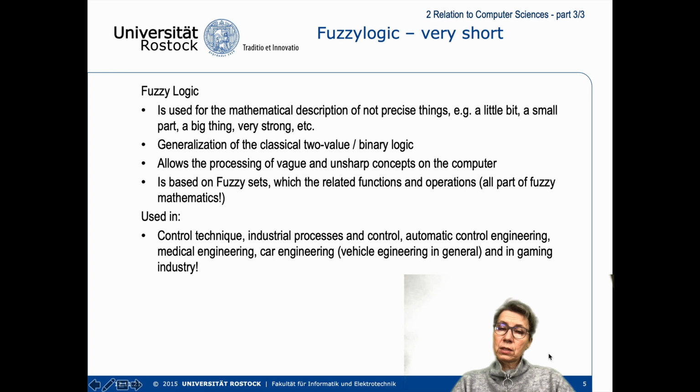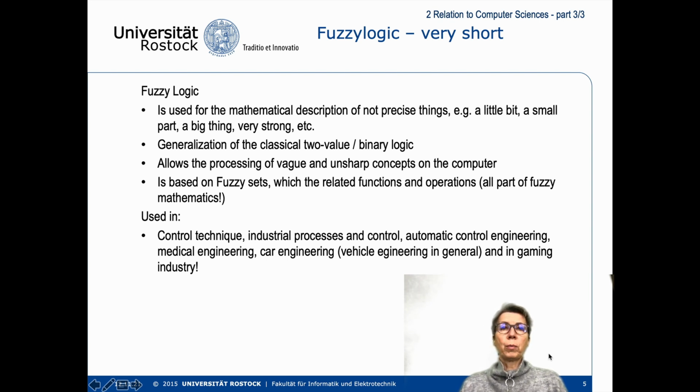Fuzzy logic, yes, this is also very short. In fuzzy logic, you've had two mathematical approaches or mathematical models before, like Markov chains and Bayes networks, and the fuzzy logic is part of a complete fuzzy mathematics. Fuzzy logic is a logic part in fuzzy algorithmics, and fuzzy logic is used for the mathematical description of not precise things like a little bit, a small part, a big thing, very strong, and so forth.